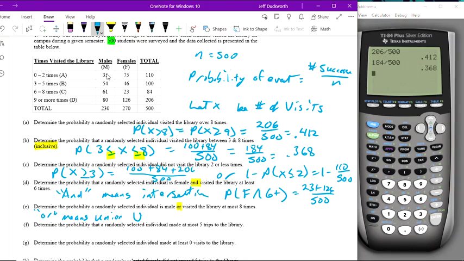So the males are all of these, or we can just highlight the 230, but I'm going to do this for right now. Or at, excuse me, it says at most 8 times. So at most means that much or fewer. So it's going to be all of those.